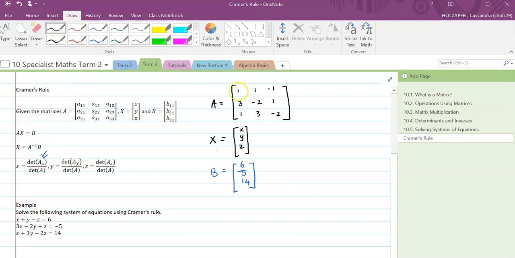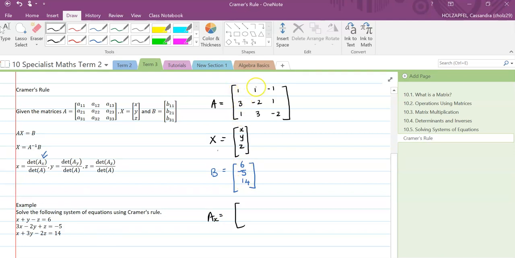Well, if we take our original matrix A, which is all of these values here, what we're going to do is replace this first column with our solutions column. The reason that this is going to be Ax is because we're replacing the x column with the solutions.